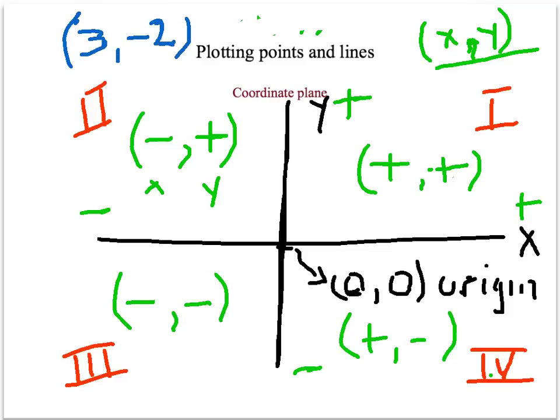Our x is positive, and our y is negative, so it's going to be over in the fourth quadrant. I go over 3, down 2, and there's the point 3, negative 2.